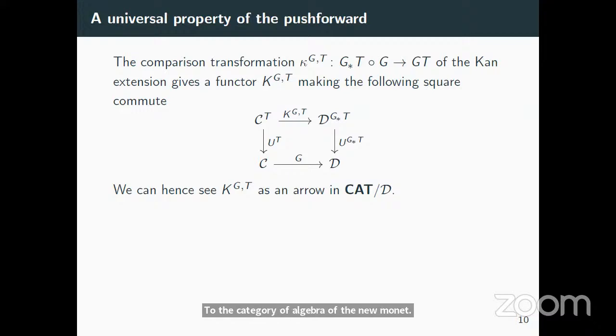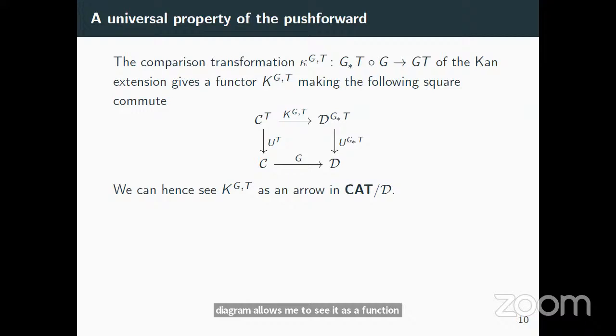Now, of course, these are monads on different categories, so the way that they're compatible is via this square. So the underlying object of the image of this functor is going to be G of the underlying object in C. So this allows me to define this functor K, and this diagram allows me to see it as a functor in categories over T.